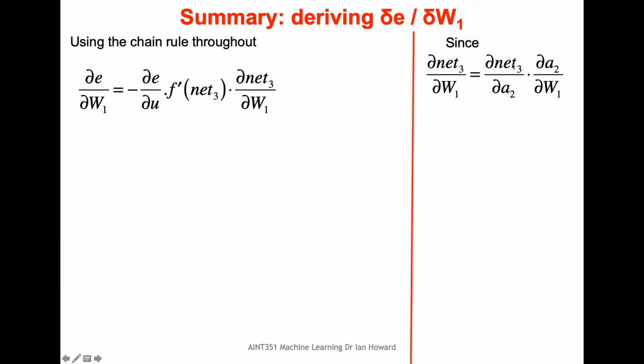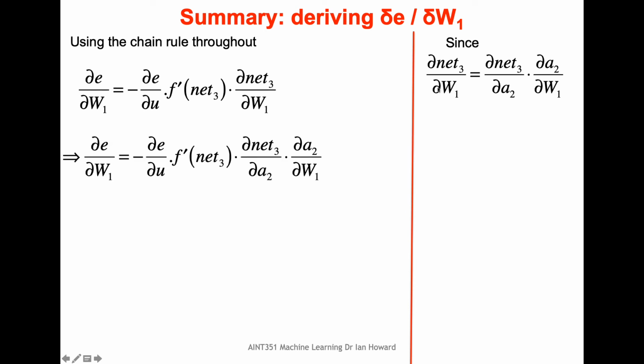In other words, the linear output of the upper level has as an input the activations from the lower level. That's what A2 is. So we can use A2 as an intermediate variable. So we calculate dnet3/dA2 times dA2/dW1 in order to evaluate this differential using the chain rule. So let's substitute this expression into this term here.